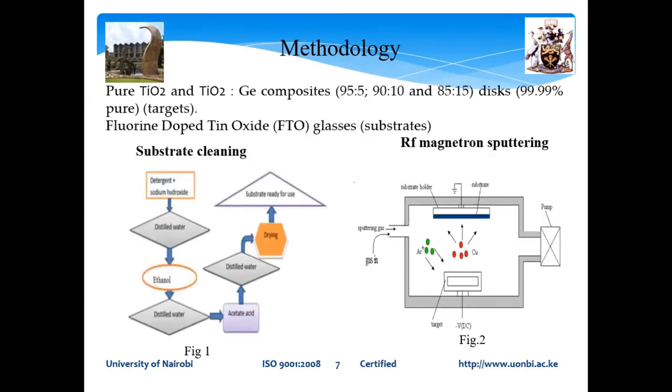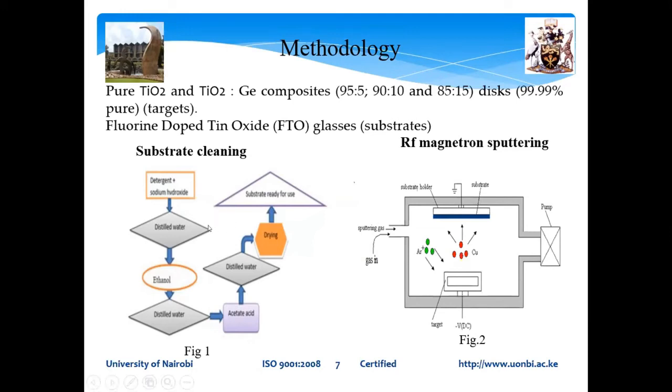On our methodology, the materials that were used in this study were pure TiO2 and TiO2 germanium composite discs of ratio 95:5, 90:10, and 85:15 with 99.99% purity. And we used fluorine-doped tin oxide as our substrate.